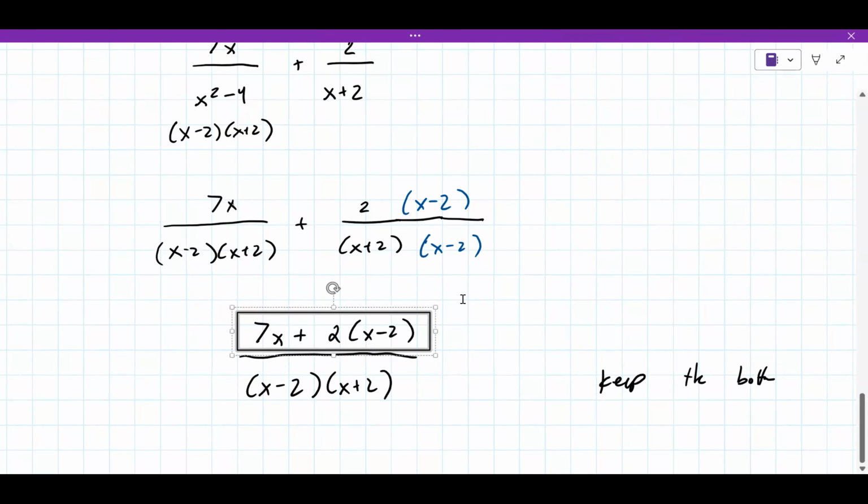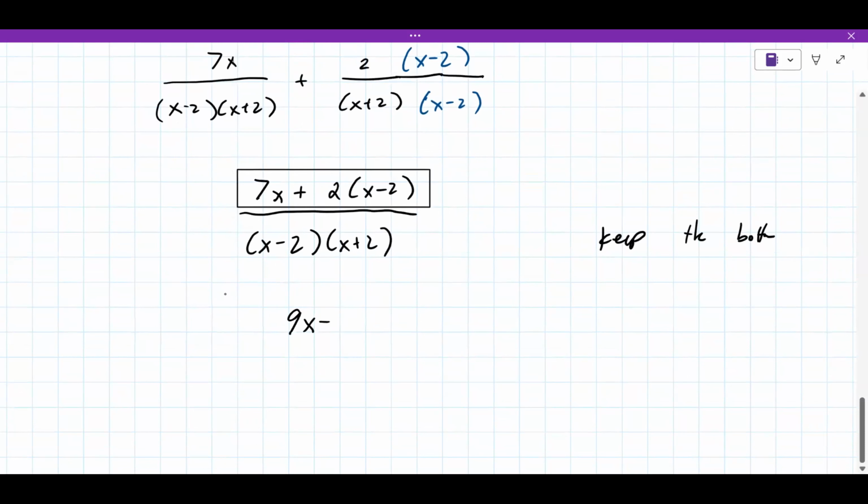It would be 7x plus 2x minus 4 because I distributed the 2. Okay, keep going. So when I do that, it's going to be 9x minus 4. Yes, very good. Okay, so that is the top. And then the bottom, well, it's currently in factored form, but you could FOIL it and it would get back to the other form. Okay.